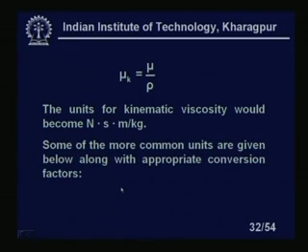Now, some of the more common units are given below along with the appropriate conversion factors. Even though SI units are not very popular in industry, let us look at all the different units.